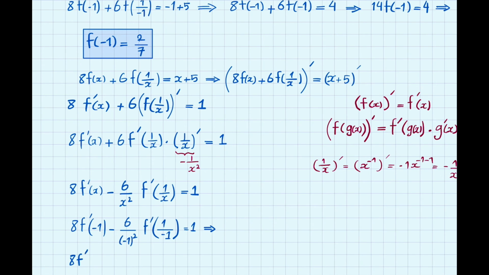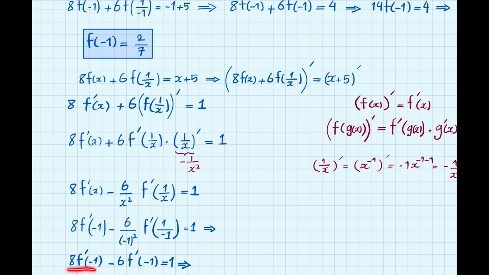So it becomes 8 f prime of minus 1. This part is just simply 6. I have a negative sign, so it becomes negative 6 f prime, and then 1 over minus 1 is nothing except minus 1 again. And on the right hand side you will have 1. But this is the same unknown.